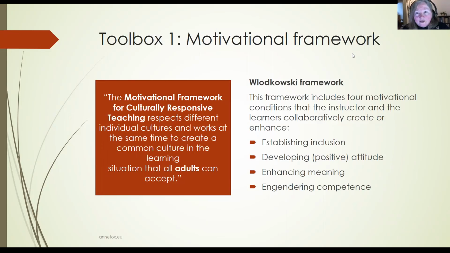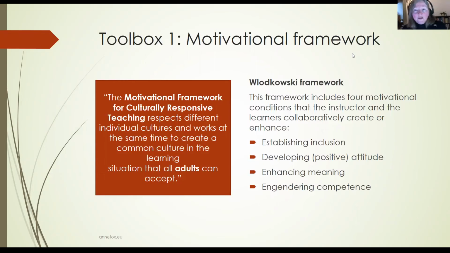In fact, I've just started with a group that I'm doing an online course with, and I note that 3 of them introduced themselves by saying that I was told to do this course. So I know that I'm going to have to work extra hard to make sure that they're motivated. So I think that developing a positive attitude is something that applies equally to children and to adults.